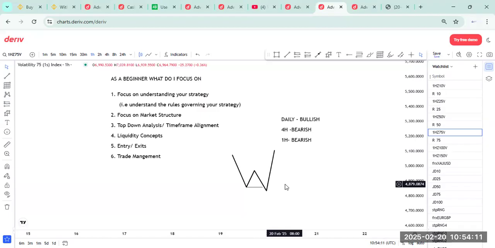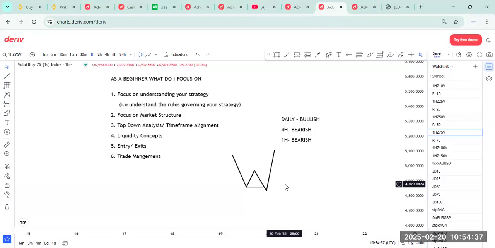So liquidity concepts cannot be overlooked in this business, because liquidity also helps order pairing. Of course, you may be taking a bullish trade, but somebody will have to sell to you before you buy. You cannot sell something nobody's giving to you, or buy something nobody is selling.